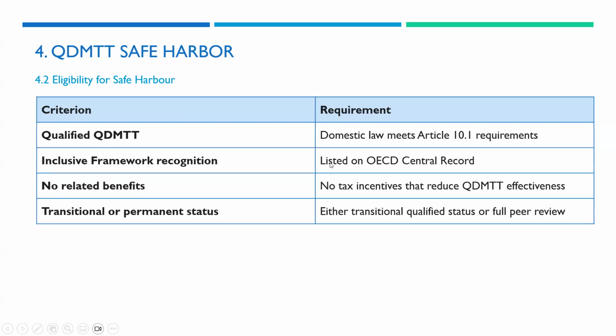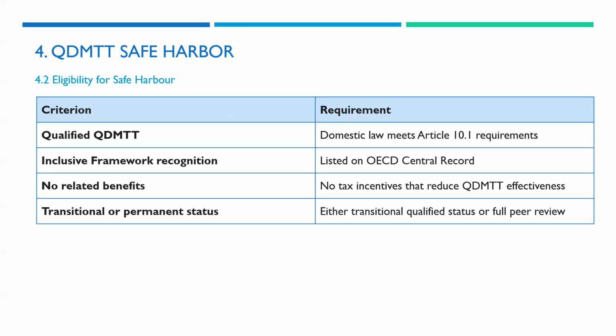You should be separately listed as a QDMTT safe harbor in the OECD central record. And there should be no related benefits, no tax incentives that reduce QDMTT effectiveness in any of your other tax laws. And there is transitional or permanent status, either transitional qualified status or permanent, that we will discuss. But this is what the QDMTT safe harbor is.